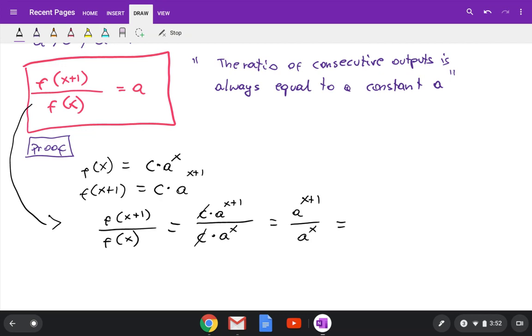Now you can use the quotient rule: since we have the same bases, copy the base once and subtract exponents. So you have x plus 1 minus x, and x and negative x cancel. We end up with a to the power of 1, which is a. We're done with the proof. Everybody can do this proof in this class.